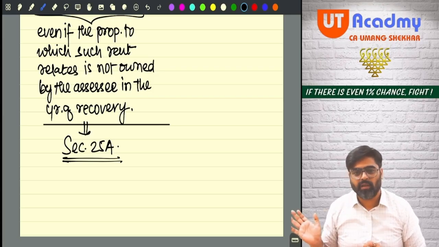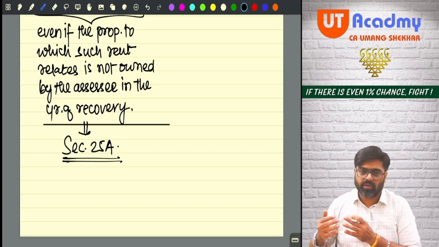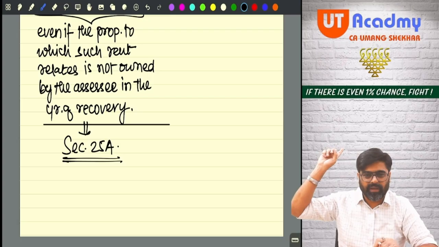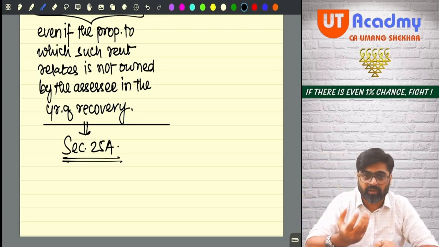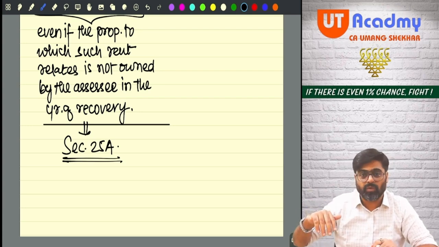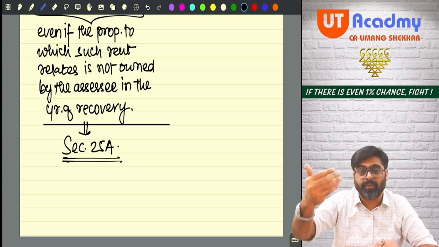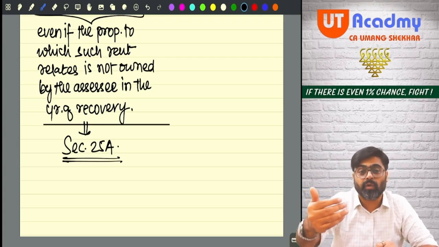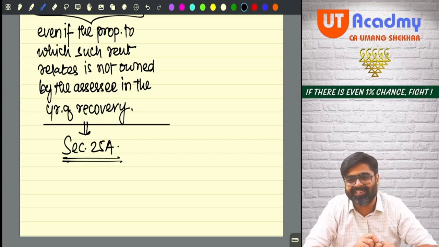So according to you, the rent is only 23,000. Earlier the rent was 20,000. I am saying the rent should become 25,000. But according to you, it should increase to only 23,000.